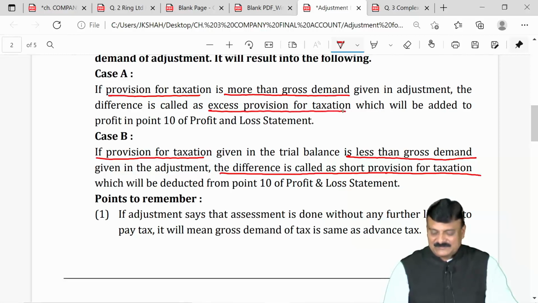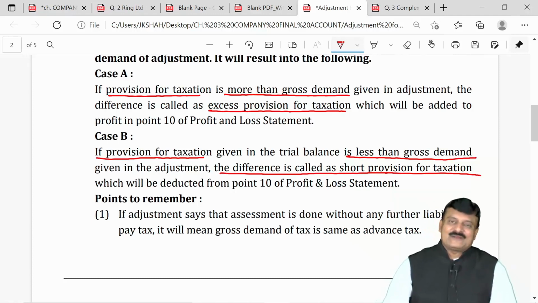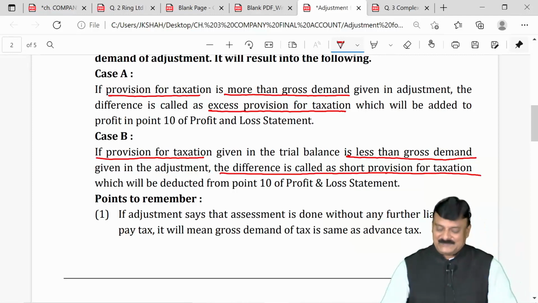This is excess provision. Case B, if provision for taxation is less than gross demand, assessing officer has demanded 1 lakh tax from you and your provision kept is only 70,000 rupees. So we still have to create 30,000 more provision. So the difference is called short provision for taxation.